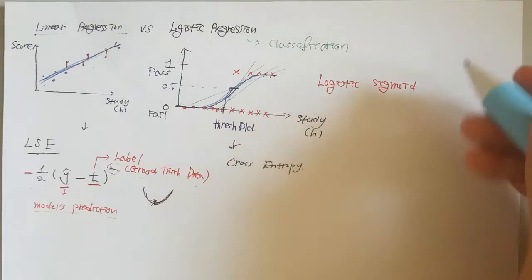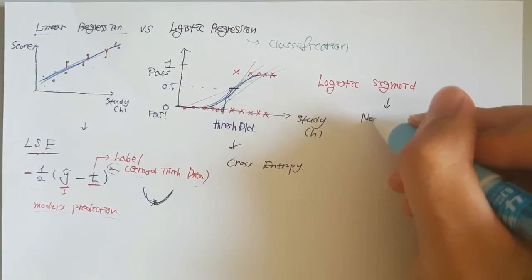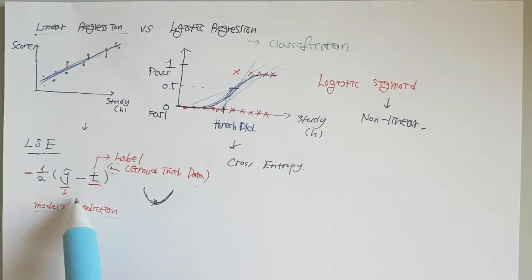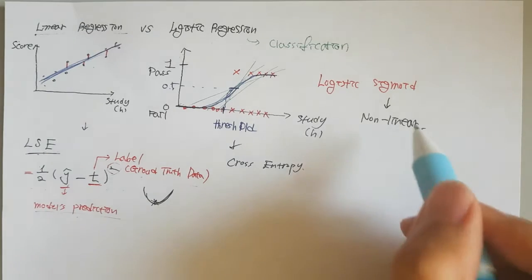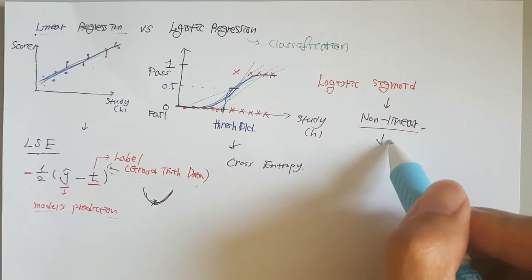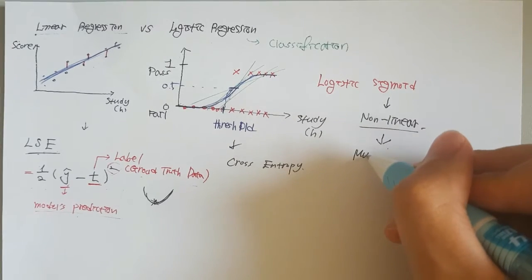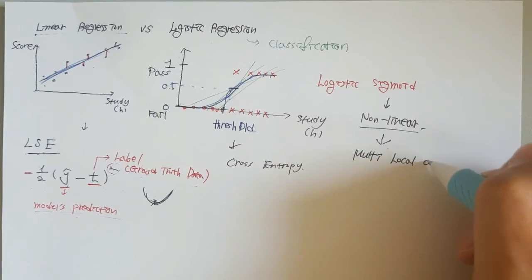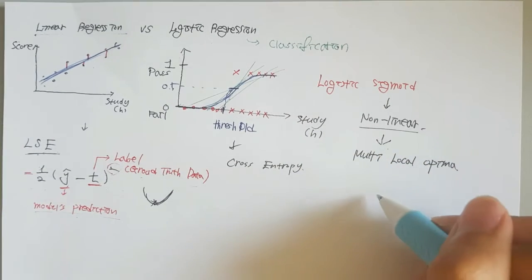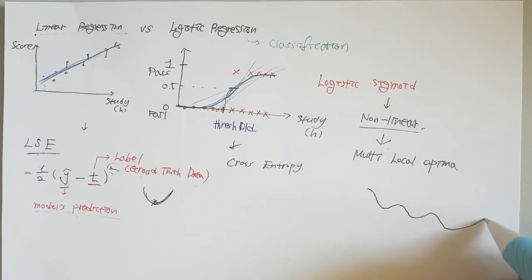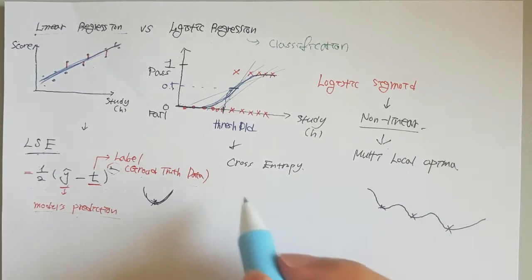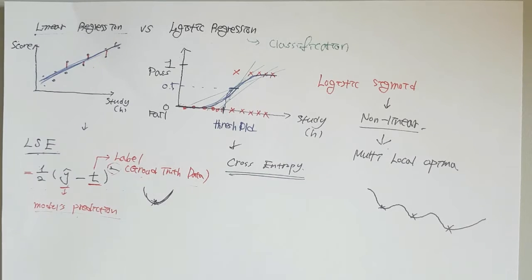But because this sigmoid is non-linear, if we use this least square error function, then this non-linearity will make multiple local optima. That means it will look like this kind of shape, so we are not sure which point, this point or this point, is optimal. So we have to use cross entropy.